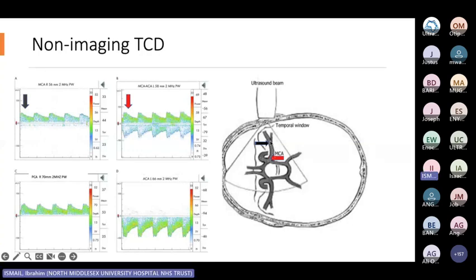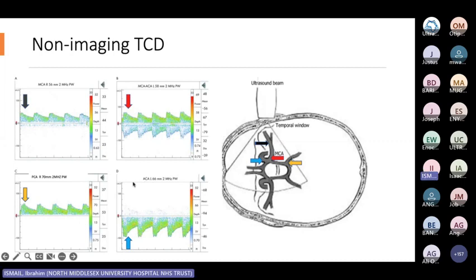And then once you move on to the anterior cerebral artery, or if you want to look into the posterior cerebral artery, you get different waveforms here. As I was saying, in the anterior cerebral artery you will see this kind of waveform.